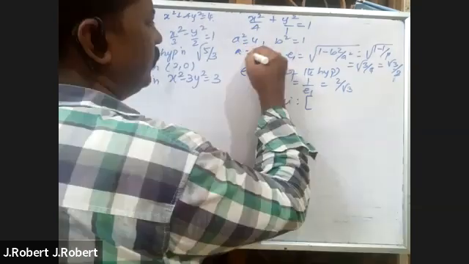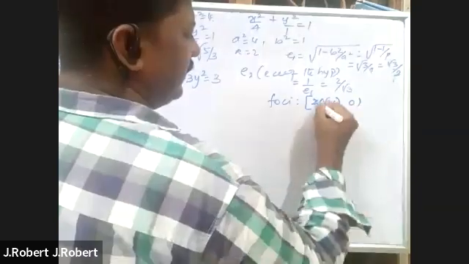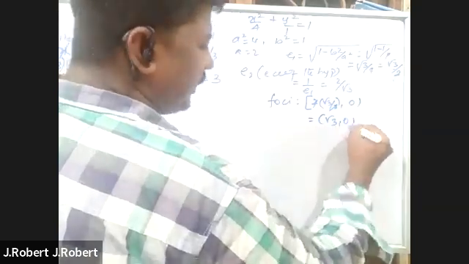Here a equals 2 and e equals root 3 by 2, so the foci are (root 3, 0). This is one focus.